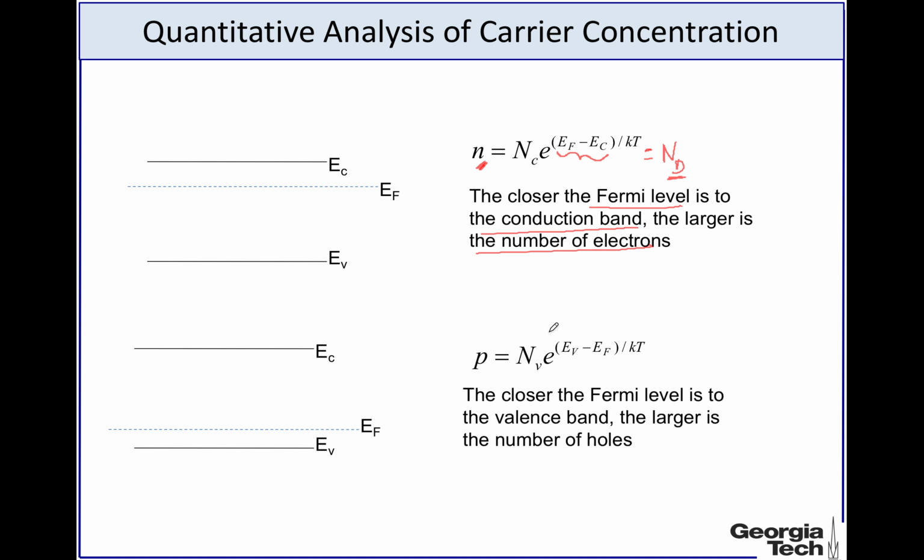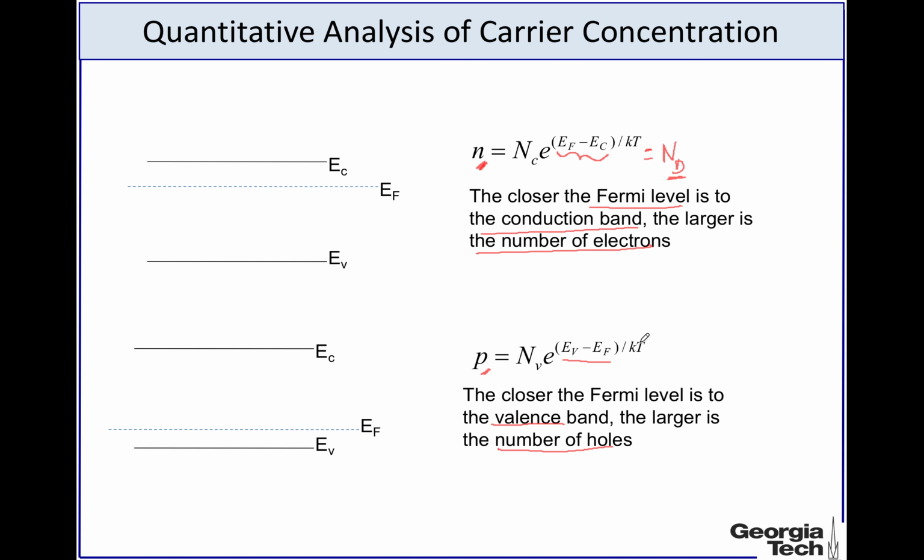Based on this relationship, you can calculate the value of EF minus EC for a given donor density. On the other hand, if the Fermi level is closer to the valence band, then you will have a large number of holes. Why is that? Because as EV minus EF decreases, p increases based on this relationship. This is the case for a p-type semiconductor. In a p-type semiconductor, EF will be closer to EV, and for an n-type semiconductor, EF will be closer to EC.